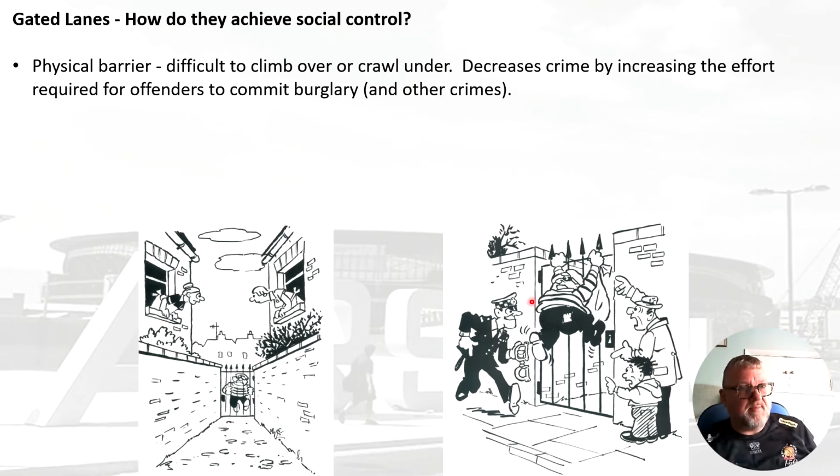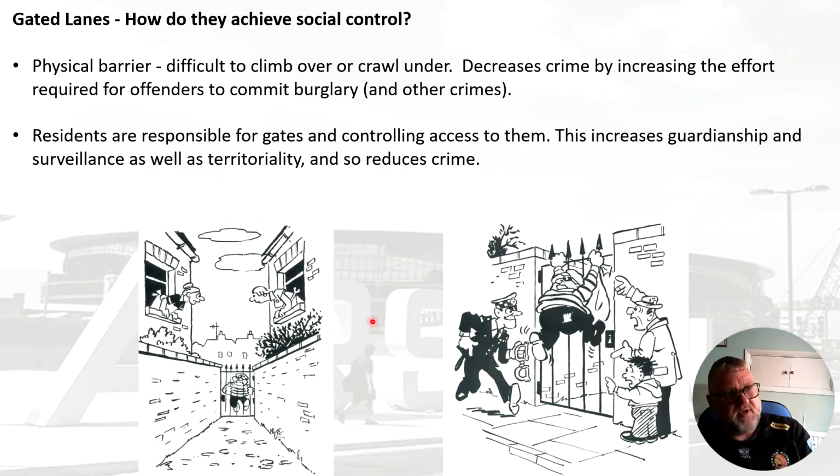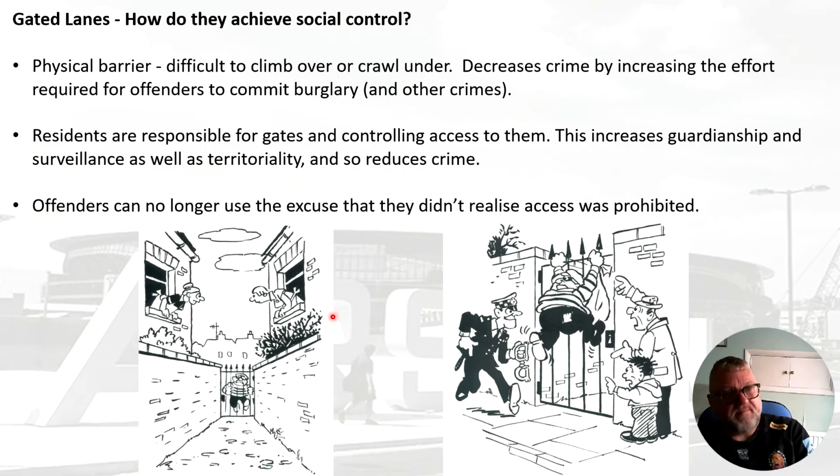It's difficult to climb over for the burglar or crawl under, which decreases crime by increasing the effort for offenders to commit burglary and other crimes. And because the residents are responsible for the gates and controlling access to them, this increases guardianship and surveillance as well as territoriality, and therefore reduces crime. And of course, offenders can no longer use the excuse that they didn't realise that access was prohibited because the gate is locked.